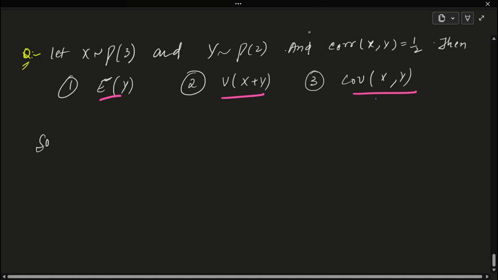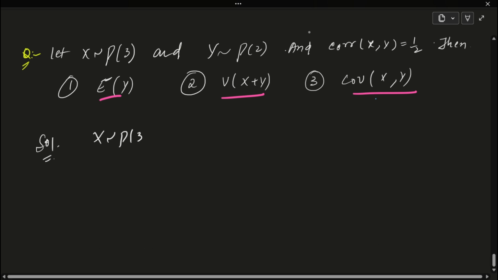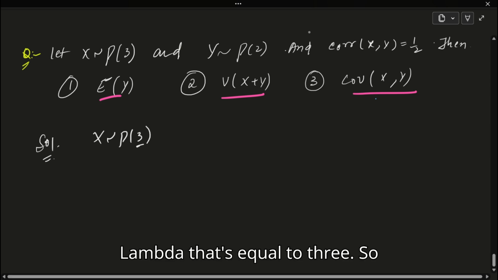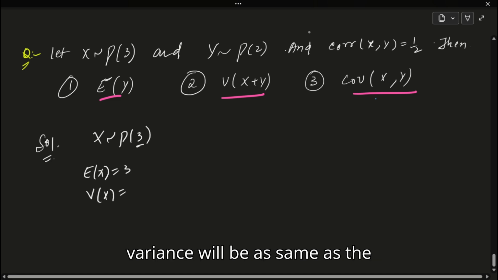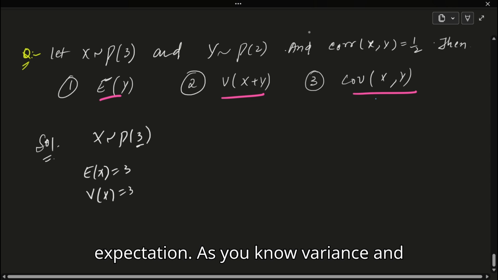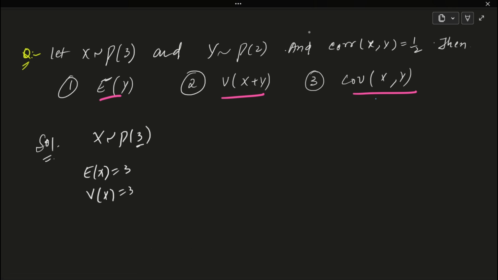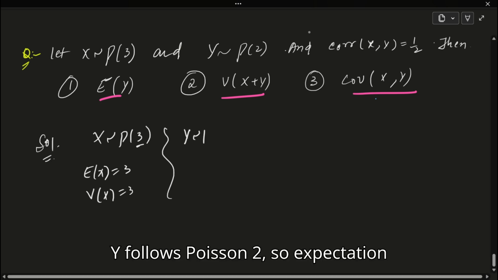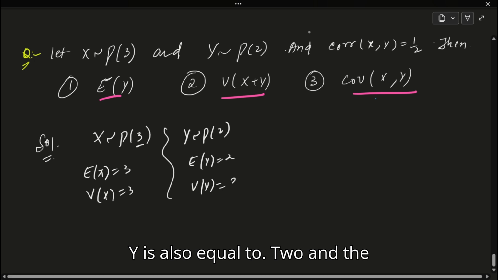See, whenever x follows Poisson lambda, the mean is lambda, that's equal to 3, so the expectation of x is equal to 3, and the variance will be the same as the expectation. As you know, variance and expectation are always equal in the case of the Poisson distribution. Y follows Poisson 2, so the expectation of y is equal to 2, and the variance of y is also equal to 2.